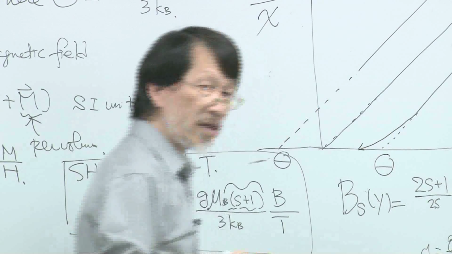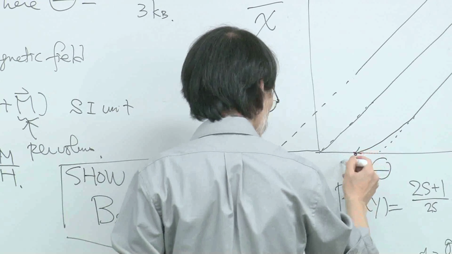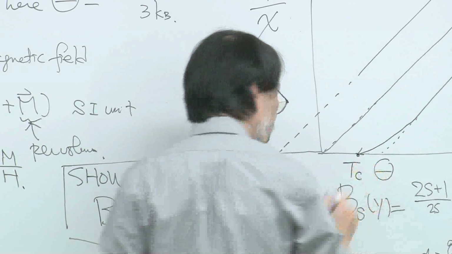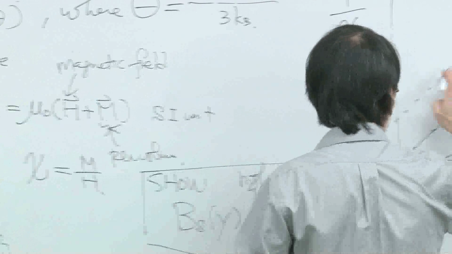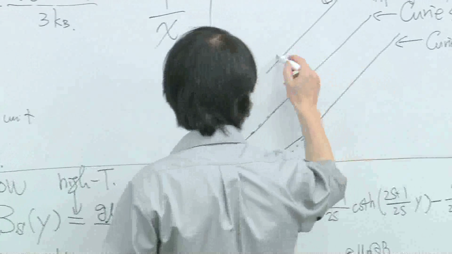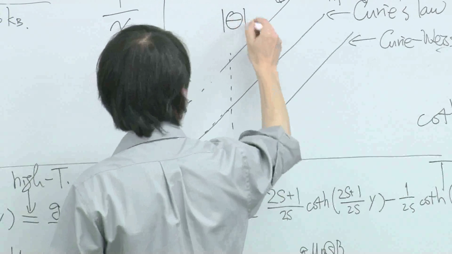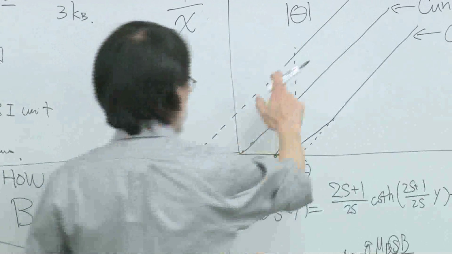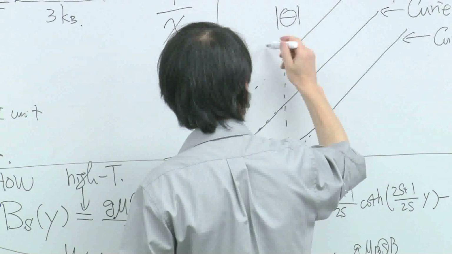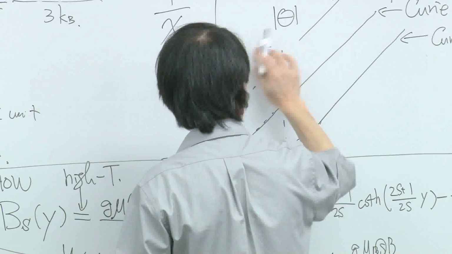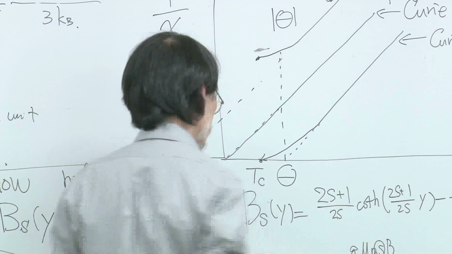The inverse becomes 0 at the temperature which is usually called T Curie, T sub C. And in the antiferromagnetic case, this is the absolute value of theta. Before you reach that value, it usually deviates, and then it's something different.